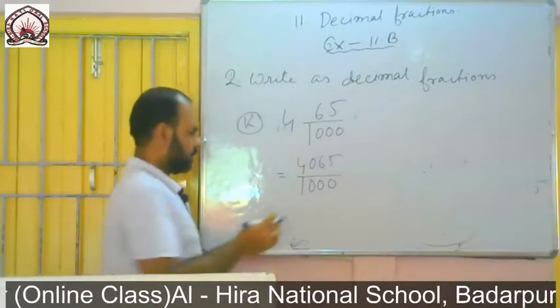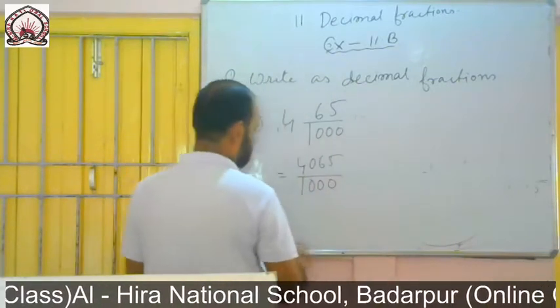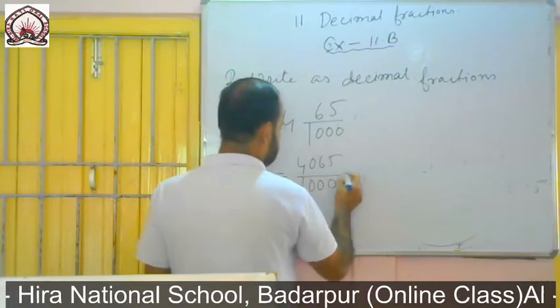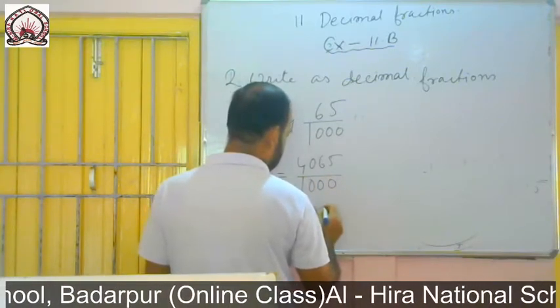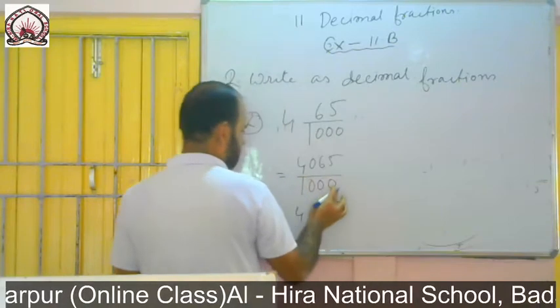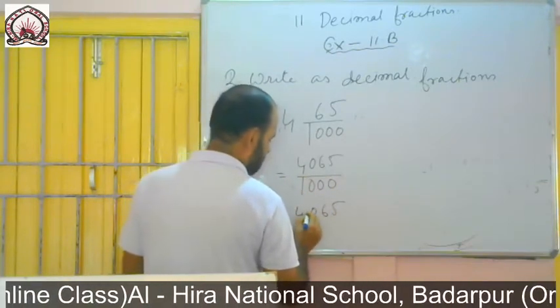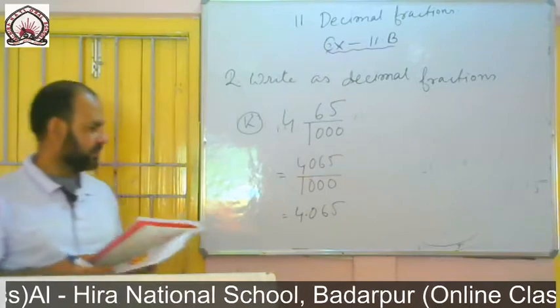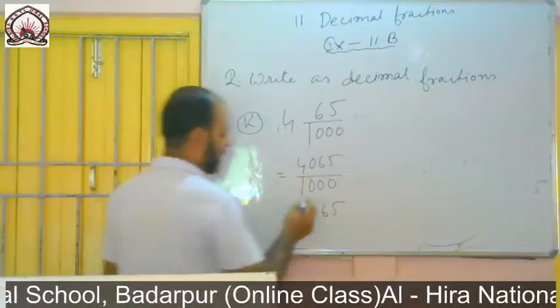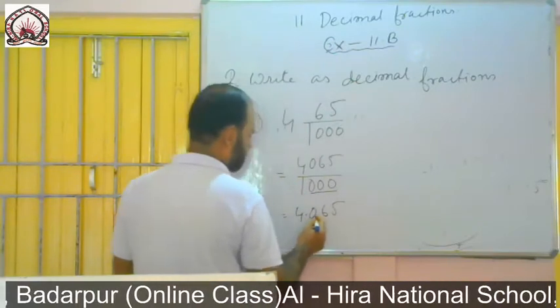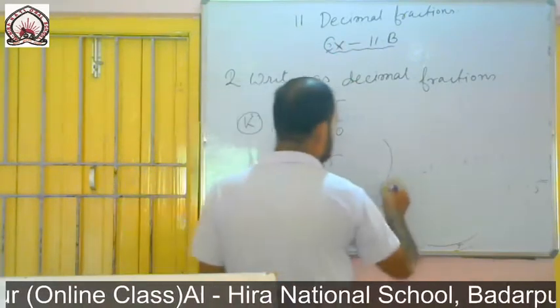Here 3 zeros are there, that means from the right side, before 3 digits, we put the decimal point. So 1, 2, 3, and the answer is 4.065. Here 3 zeros are there, so we give 3 digits.